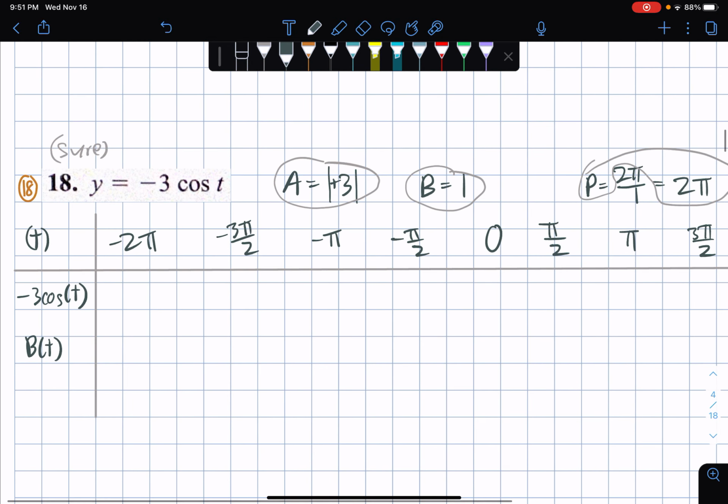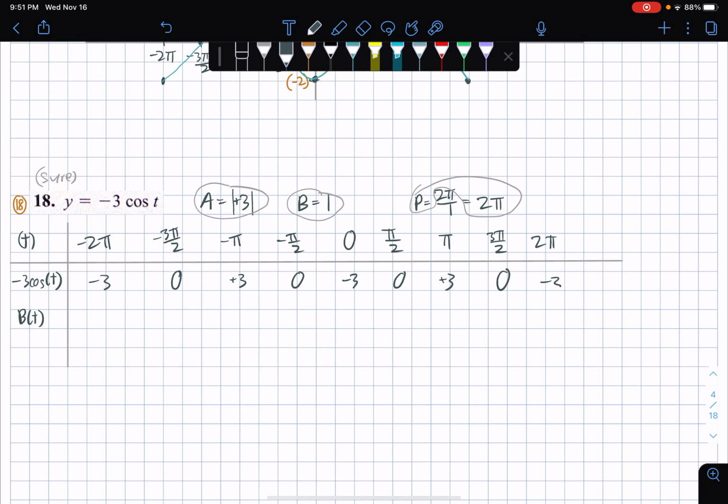Negative 3 cosine times whatever t value that is, we get the following: negative 3, 0, positive 3, 0, negative 3, 0, positive 3, 0, and negative 3.